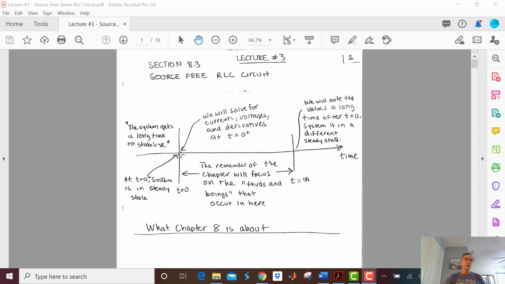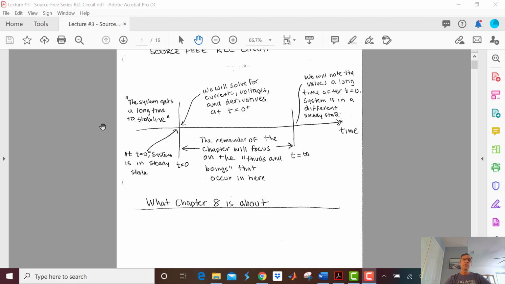Then at t equals 0, something happens and it initiates a transient behavior, a thud or a boing, and eventually that settles out and we get to time equals infinity, which is a steady state again. So this is the roadmap of where we're going.